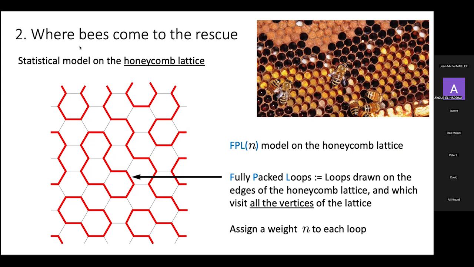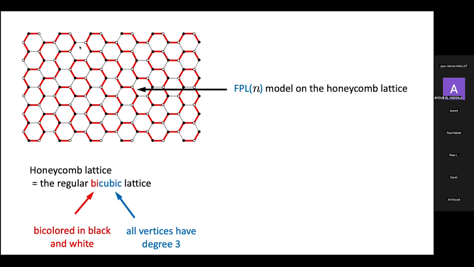So loops run on the edges of the honeycomb lattice, and visit all the vertices of the lattice, with a weight n per loop. So this is just the O(n) model, but fully packed. So it's a special bicubic lattice, cubic because all vertices have degree 3, and bicubic because actually there is a normal alternate coloring in black and white, as you did with the honeycomb.